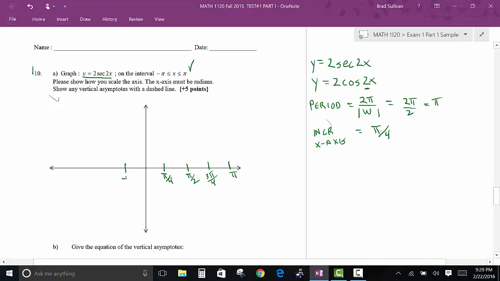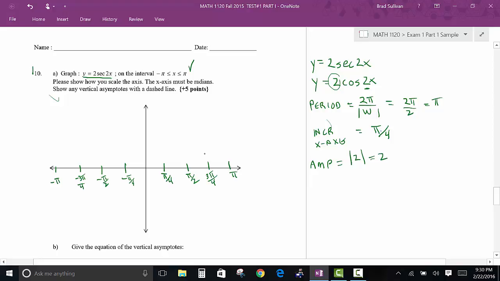Then we're going to go to the left, and we do like negative pi over 4, negative pi over 2, negative 3 pi over 4, and negative pi like that. Okay, so that takes care of that, right? Just by re-incrementing the x-axis, you've taken care of the period change. Okay, now the amplitude is going to be equal to this number. So that's equal to 2.